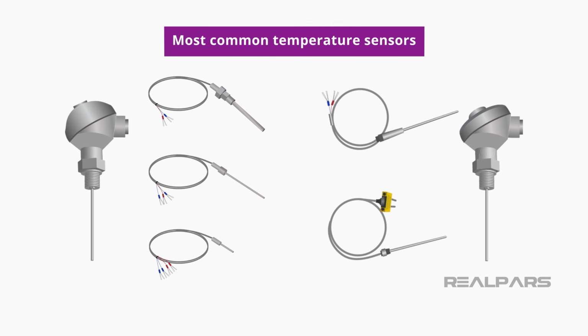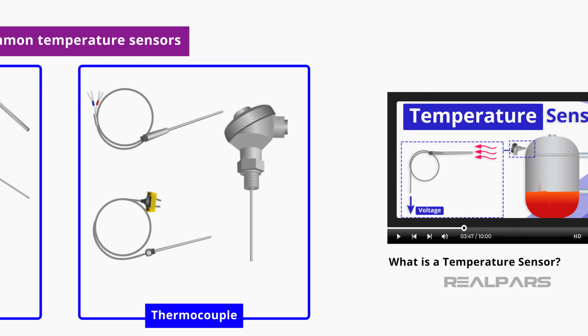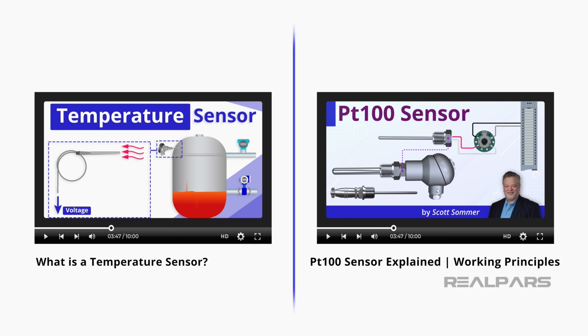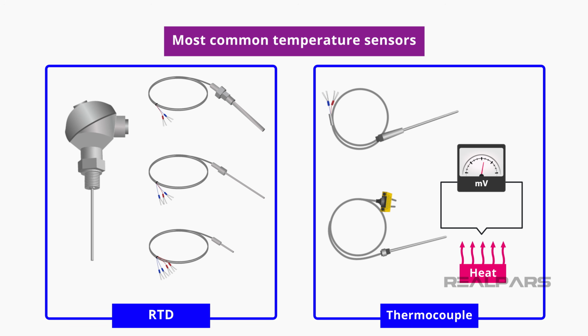We haven't said much about the temperature sensors, so let's do that now. The two most common temperature sensors used in process control are the thermocouple and the resistance temperature detector, or RTD. We've got lots of details on both of these devices in our other videos. Later, we'll tell you where you can find these videos. The thermocouple produces a change in voltage with a temperature change.